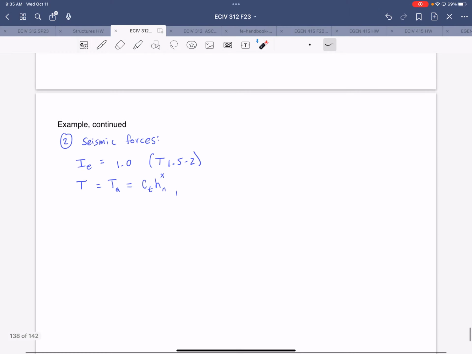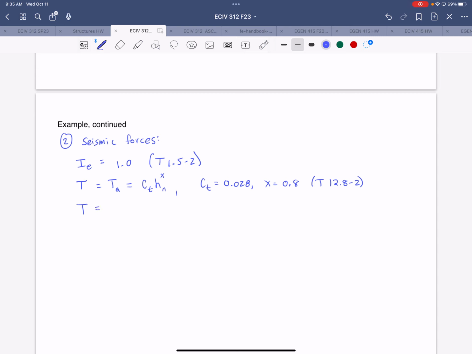All right, so back to our notes here. CT is 0.028 and X is equal to 0.8, from table 12.8-2. And so we can calculate our approximate natural period. It's 0.028 times HN.